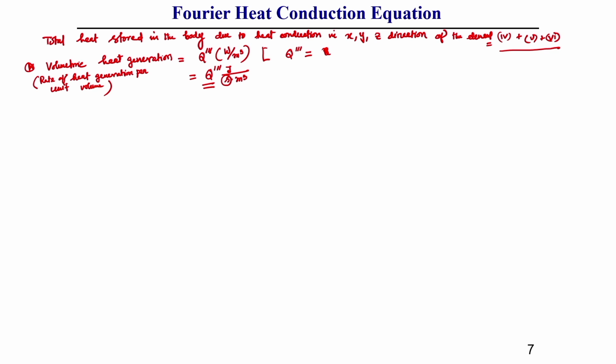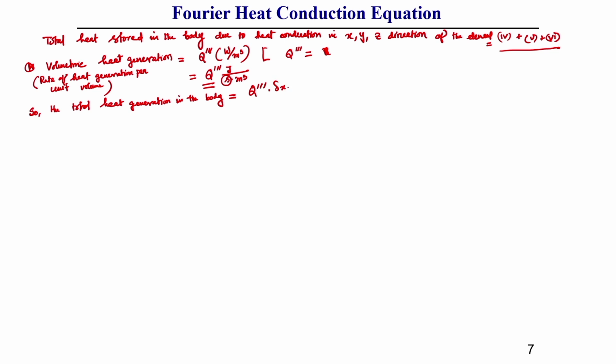If the heat generation rate per unit volume is Q triple dot, then the total heat generation in the body will be Q triple dot into the body volume.